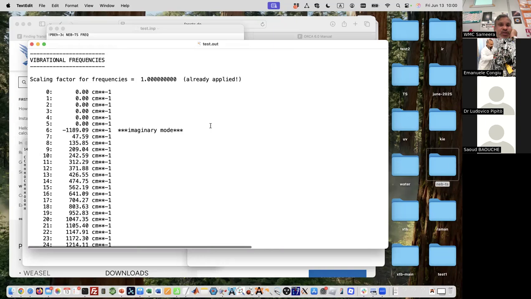So here is the vibration. Now you can see one imaginary frequency. Okay, so it means that you got a transition state. The structure approached a transition state, or a first order saddle point. That's why it has an imaginary frequency.